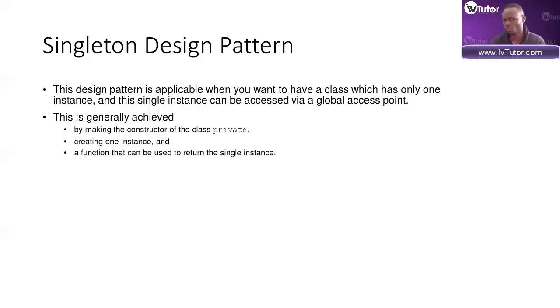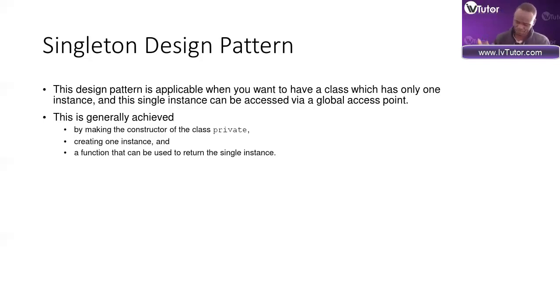So it's not always going to be one instance. I'm saying this upfront because I've seen exam questions where they ask you how you would manipulate the singleton design pattern to suit a scenario where you want maybe a defined number of instances. Okay, so we'll look at those examples when we look at past exam papers.